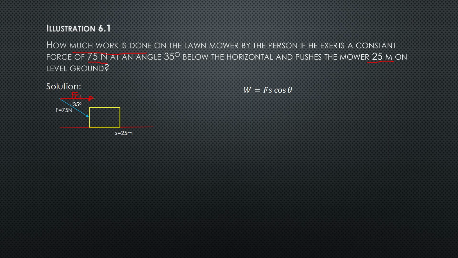Substituting the values, force is 75 newtons, the displacement is 25 and cosine theta is cosine 35 degrees. Using your calculator, this gives you a work done of 1535.91 joules.